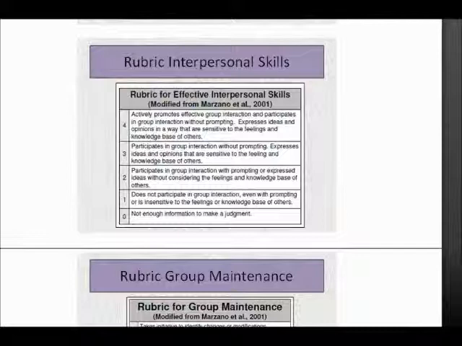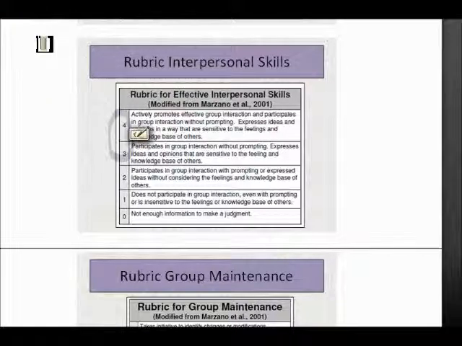Or, hey, Susie May, where's your contribution? Right? So you don't want to see everybody needing prompting in order to participate effectively. You jump into that group, you understand your task, and you get down to business. So again, a 4 or 3 is our goal.